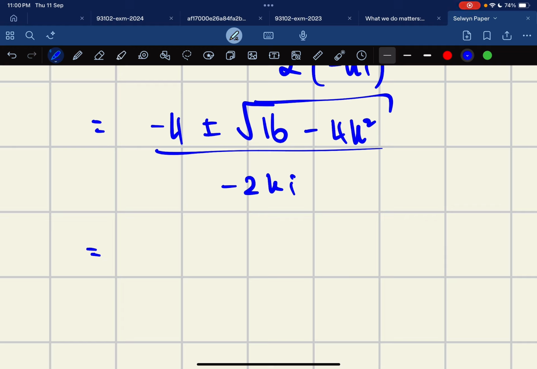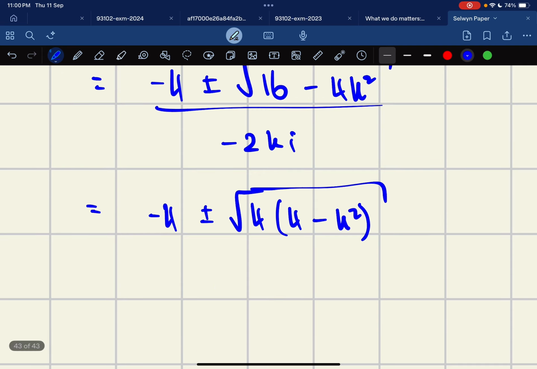Okay, we can factorize this inside with a factor of 4. So you get negative 4 plus minus the square root of 4 times 4 minus k squared over negative 2ki. And then this square root of 4 can go out as a 2.